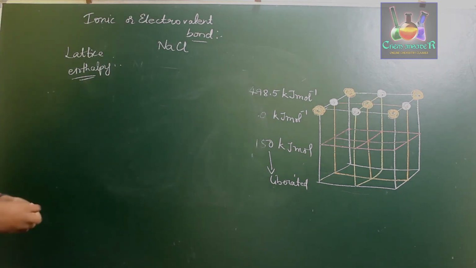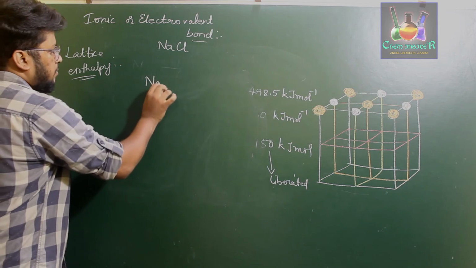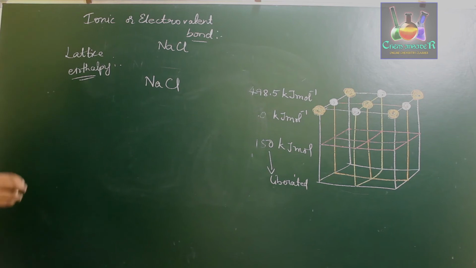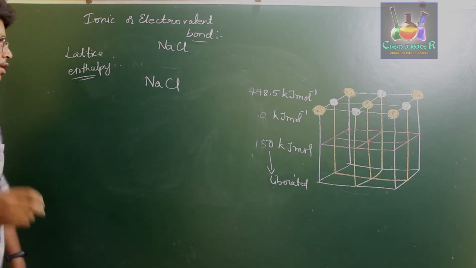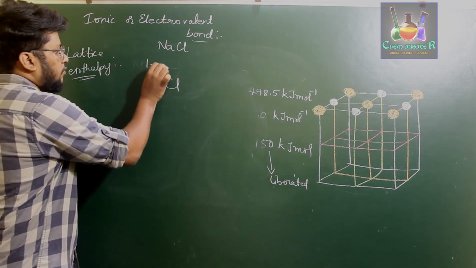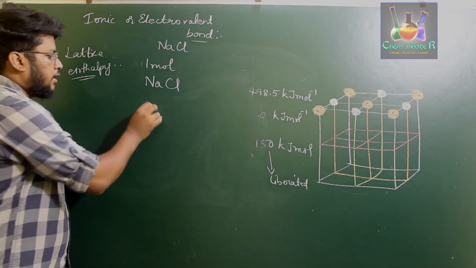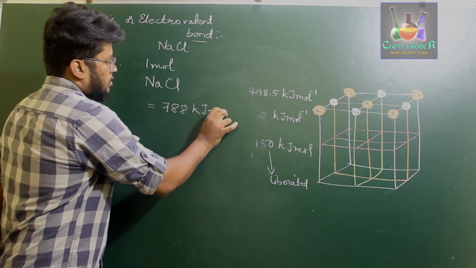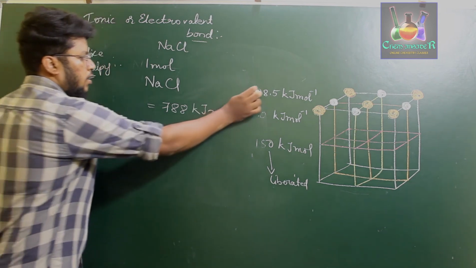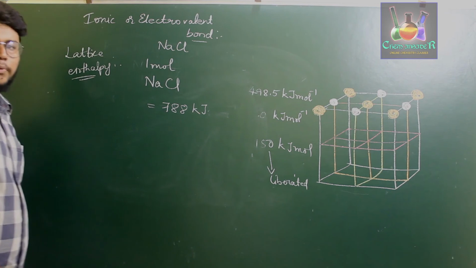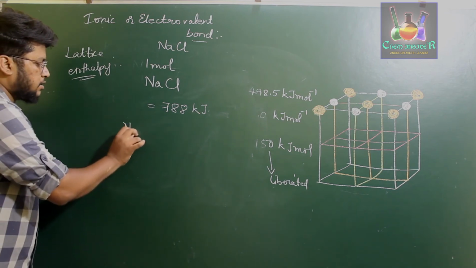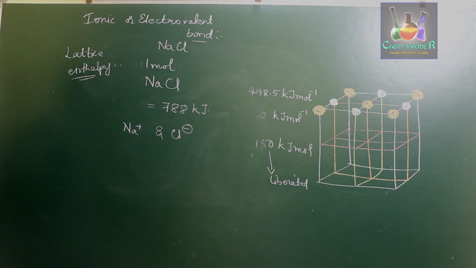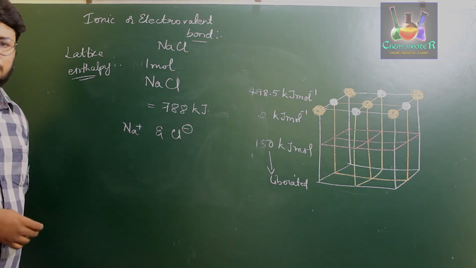When you break sodium chloride into sodium and chlorine ions, it requires a certain amount of energy. If you consider 1 mole of sodium chloride, it requires 788 kilojoules of energy to break down into its respective Na plus and Cl minus, making sure they are as far apart from each other as possible.